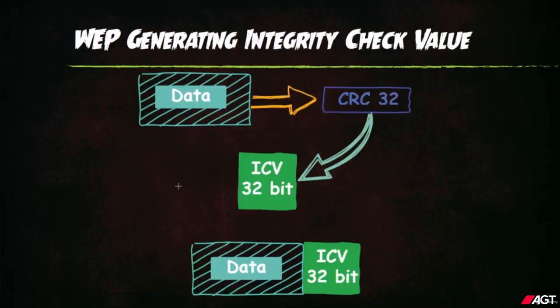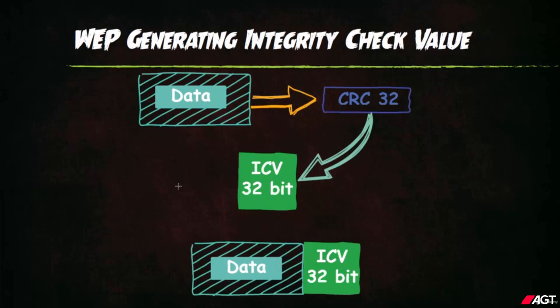The second part of the WEP algorithm is to check the integrity of the data, because data is passed in packets, and packets can be tampered with or lose some bits. To maintain the integrity of data, we use the CRC-32 algorithm, which takes the data and generates a 32-bit ICV value, which remains the same if we put in the same data.